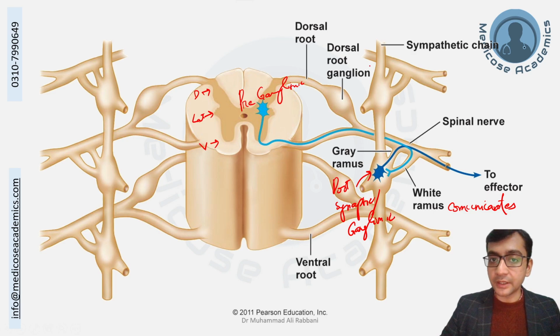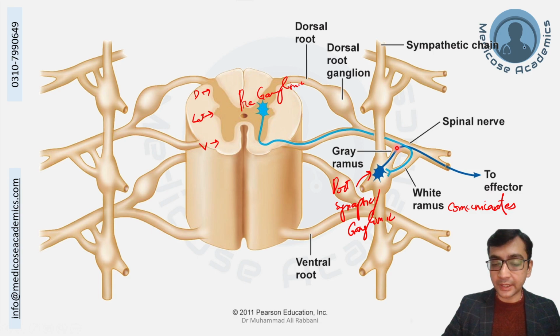Now this cell body, after synapsing, the second cell body, gives rise to the axon. Now the axon has to be delivered back to the spinal nerve. To deliver it back to the spinal nerve, it makes a separate connection from the incoming connection. This connection is called gray ramus communicantes because the second order neuron, the postsynaptic, postganglionic neuron, is unmyelinated.